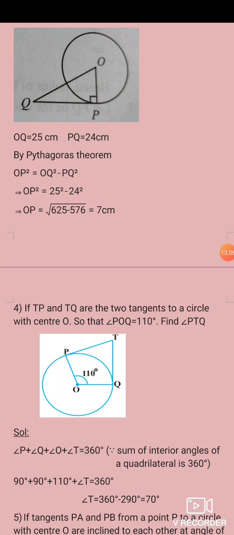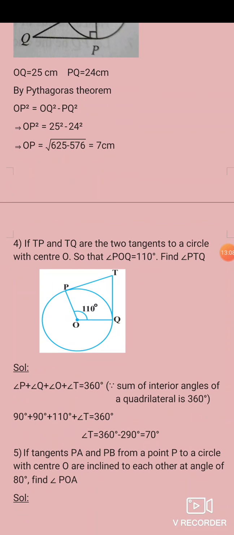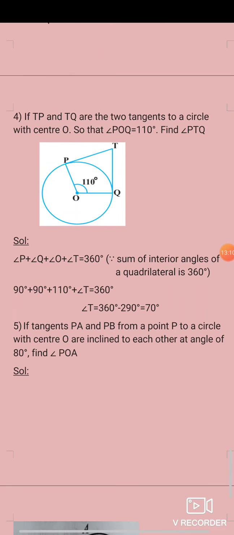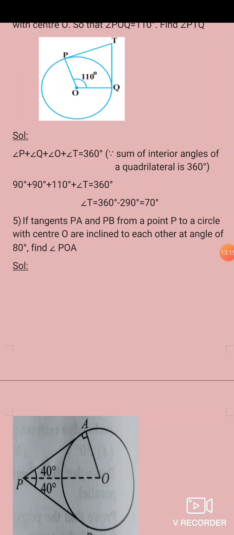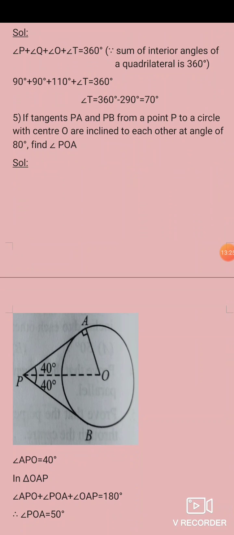Now the last question. If tangents PA and PB from a point P to a circle with center O are inclined to each other at an angle of 80 degree, find angle POA. Board exam question, an important one also. Okay, so solution: angle APO is 40 degree. Why is it 40 degree? Listen carefully.